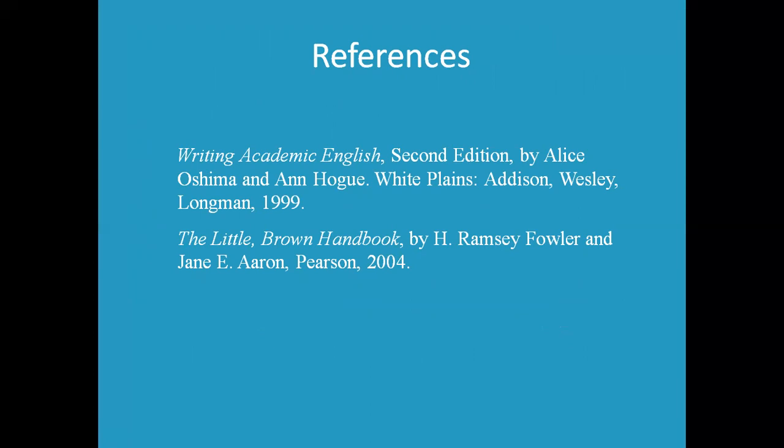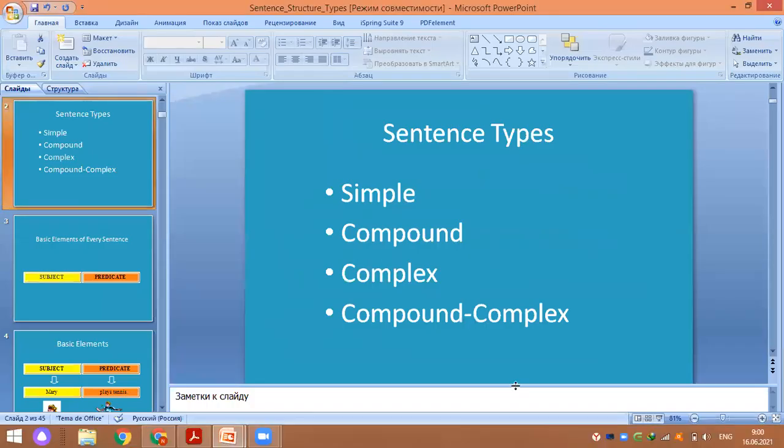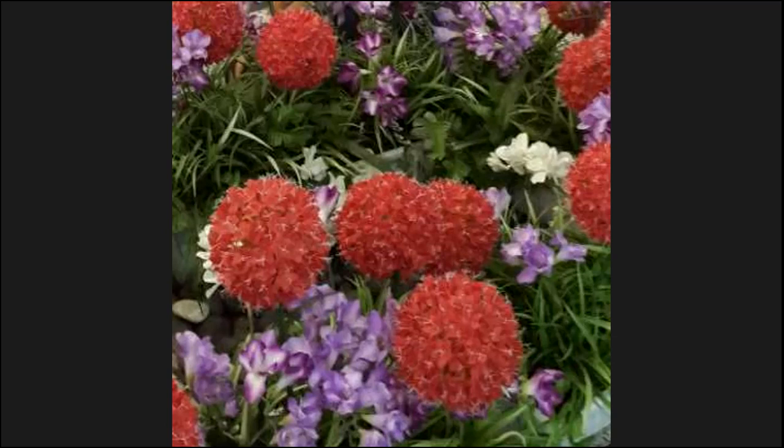I also have to mention the references from the books I used, from which I got examples: Writing Academic English, second edition, by Alice Oshima and Hogue, and the second, The Little Brown Handbook. Thank you for your attention and good luck with your studies.